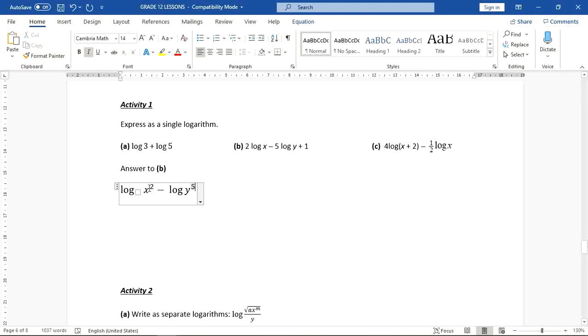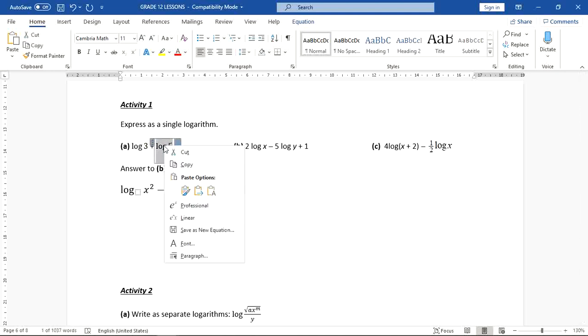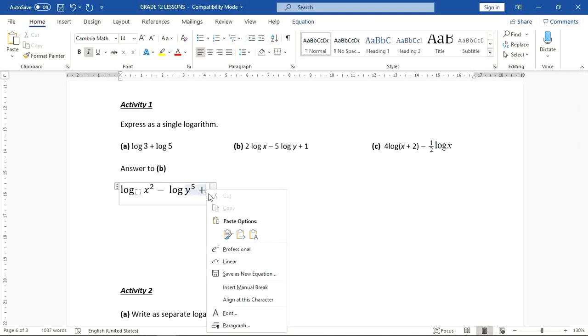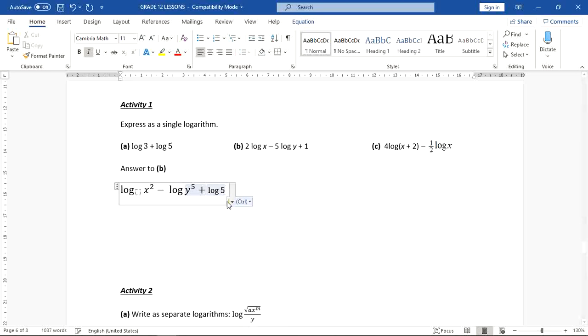So log x squared base 10 minus log y exponent 5 base 10, and then plus, remember that 1 is just a log. 1 is a log of 10. You can confirm that on your calculator. 1 is a log of 10. So paste. Log 10.